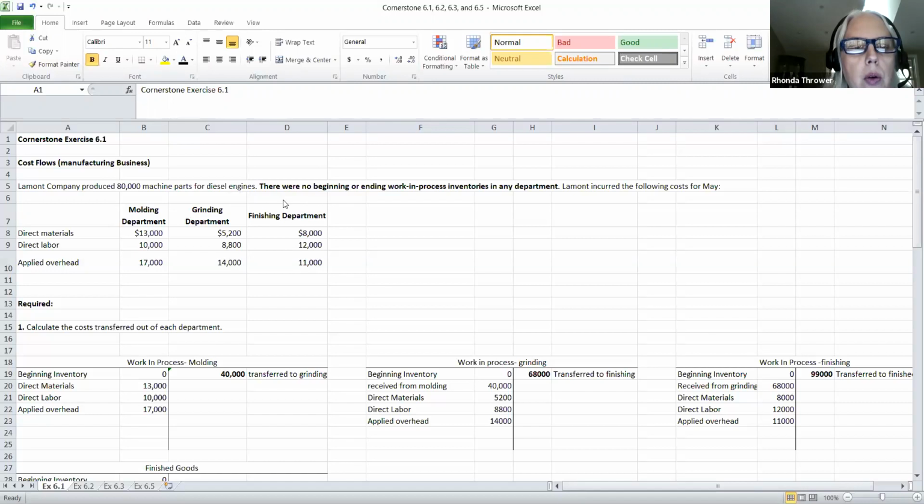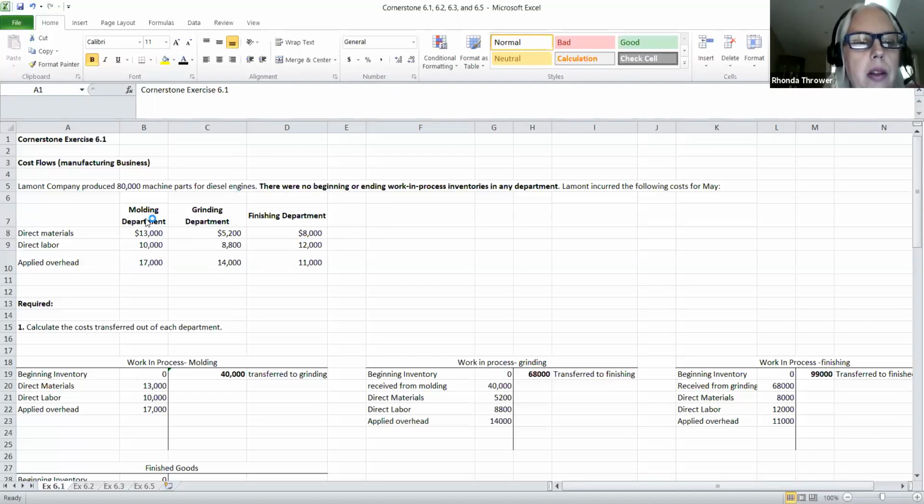So what we know about this company is that we are going to be using process cost accounting, and that there were no beginning inventories and no ending inventories in any one of these departments. There are going to be 3 departments that we put the machine parts through before they emerge as finished goods.